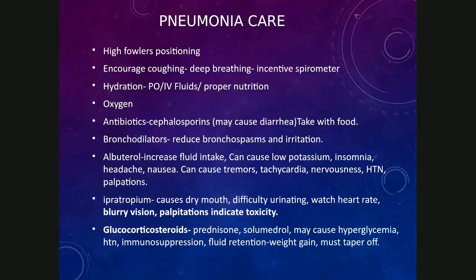Does anybody know why albuterol can do that? What does albuterol do in the body? It's very simple if you think about how albuterol works. Have you guys really covered medication yet? Anybody feel okay? So albuterol, what it does is it opens everything up, and so if everything's opened up, it's going to make you jittery.